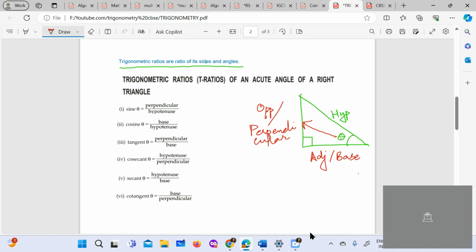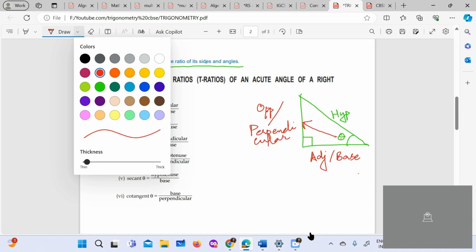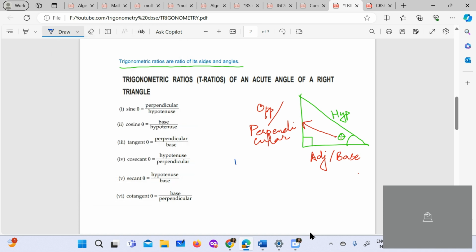Okay. So as I said, with respect to this angle, what could be the other possibility? So when you have a triangle like this, and here you have a right triangle, and if the angle under consideration is this one, then what is my opposite or adjacent? This is fixed, this is your hypotenuse, right?